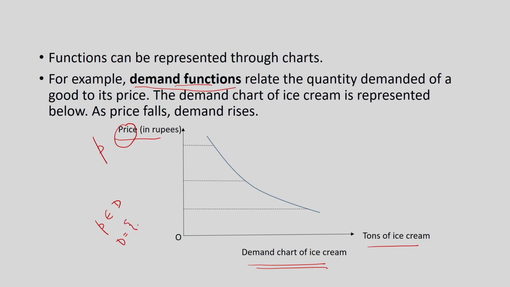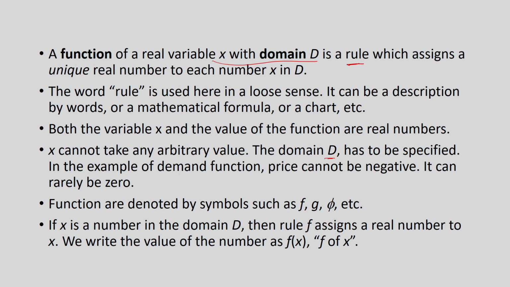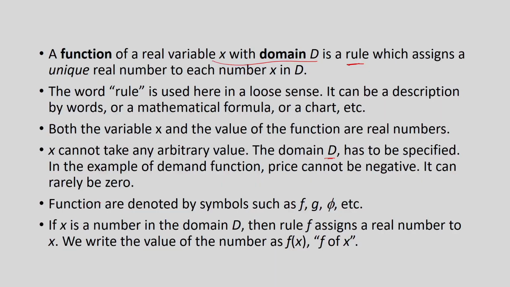In this case, the domain is the set of positive numbers, maybe it includes 0 also. It cannot be negative, that is the important thing, because prices are generally not negative, and it is even quite rare to have a price which is equal to 0. So, here we have an example of a domain.